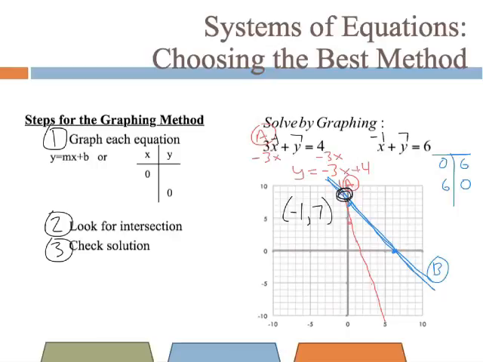And we've got negative 3 plus 7 does equal 4, and negative 1 plus 7 equals 6. And so there we go. Here's an example of where the graphing method worked, but it was a little sloppy. We definitely had to check our solution and tweak it a little bit before we got it to work. But hey, that's what happens sometimes with graphing.